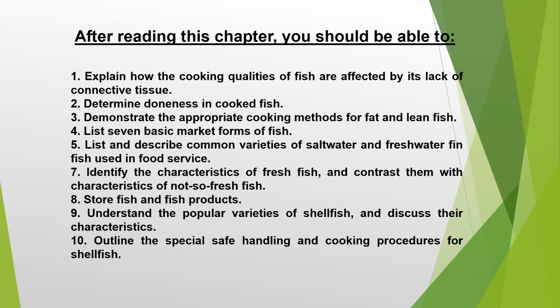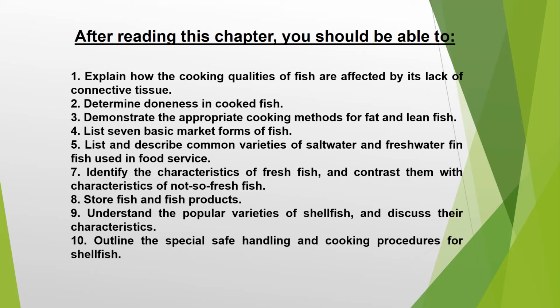An example of the lean fish is snapper. And remember that the oil, the lipids found in fish, are known as omega, and they're very good. They're very healthy. So we're going to be learning how to properly cook those types of fish.